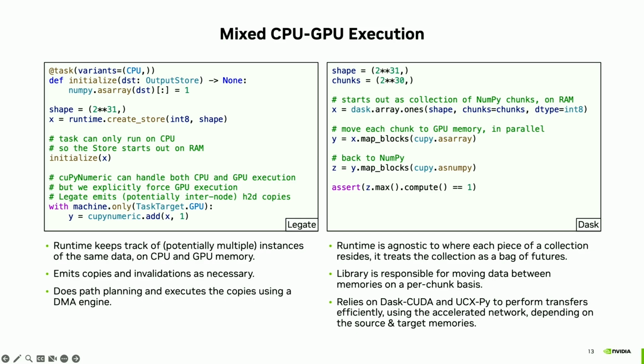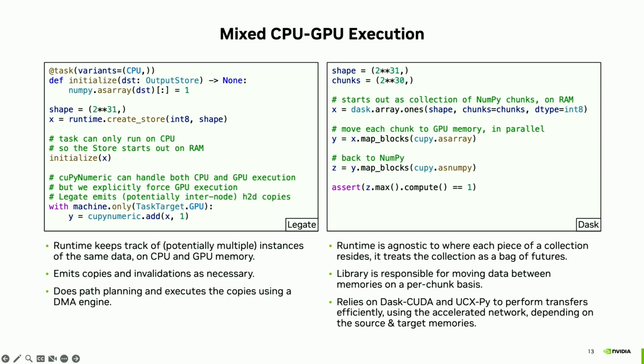So in this case, I'm starting out with an array, with a default Dask array without changing the backend. So we'll start it on RAM. And then the first thing I do is that I execute cuPy as array on each of the blocks. So this would mean that each of the blocks locally to that GPU will transition the data to device memory. And it's the user who is initiating that transfer.